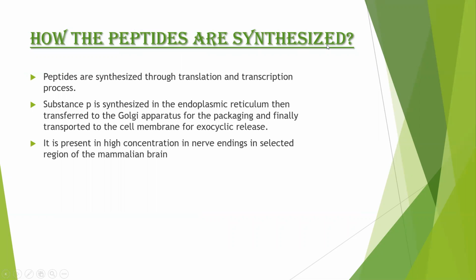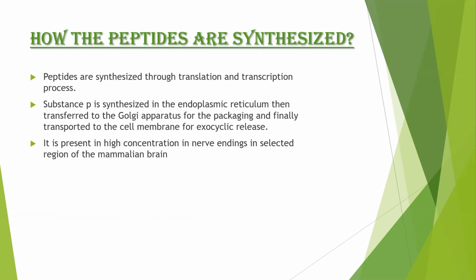How the peptides are synthesized. Peptides are synthesized through the transcription and translation process. Substance P is synthesized in the endoplasmic reticulum, then transferred to the Golgi apparatus for packaging, and finally transported to the cell membrane for exocytotic release. It is present in high concentration in nerve endings in selected regions of the mammalian brain.